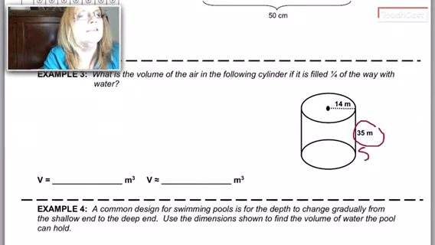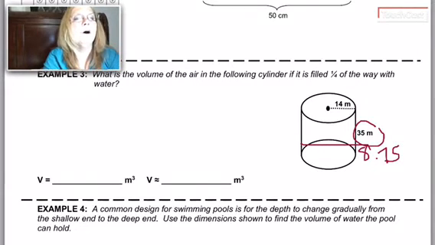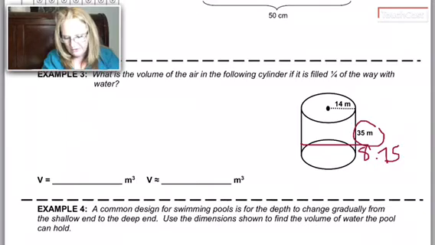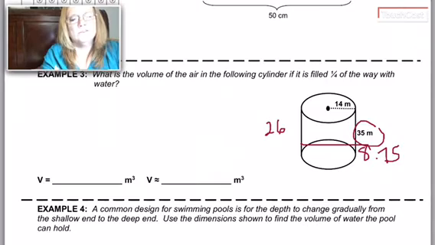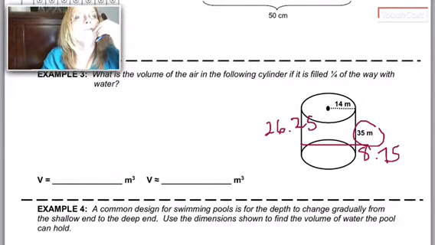So that means this part down here, 8.75, is going to be filled a quarter of the way with water. So if I take my 35 and subtract my 8.75, that tells me that the rest of this, our 26.25, is going to be filled with air.